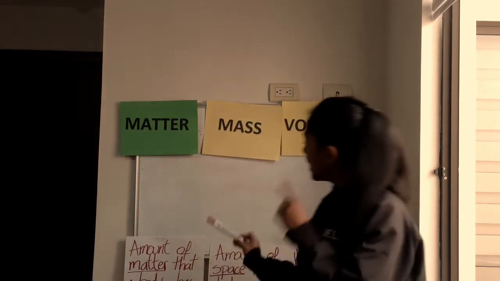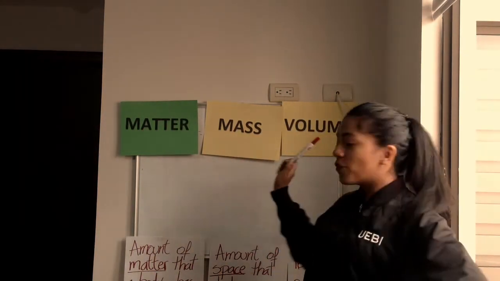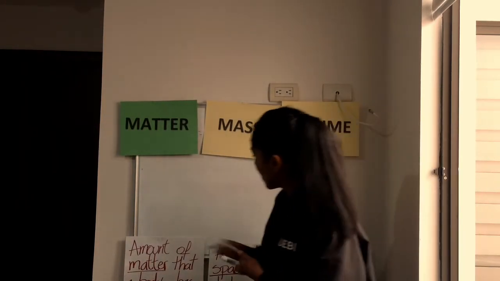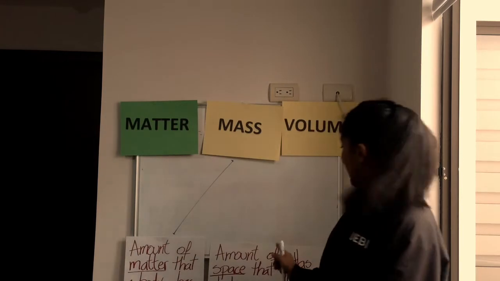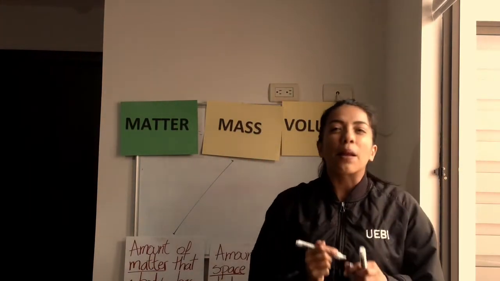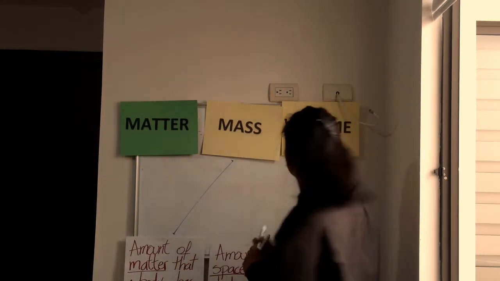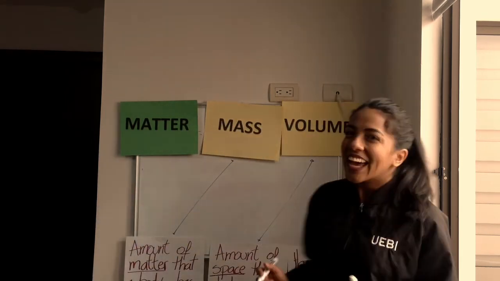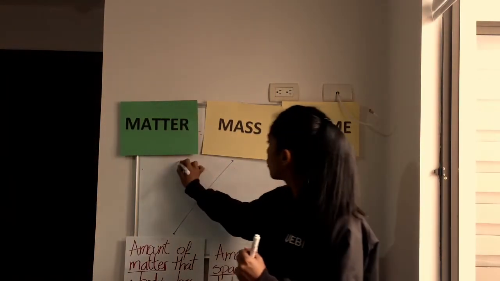Number 1 says, the amount of matter that a body has. Is that matter, mass, or volume? The amount of matter. Very good. That is going to be mass. Number 2, the amount of space that a body occupies. Remember, as I made the example with my backpack. Very good. That is going to refer to volume. And finally, of course, we know that matter has two things: it has mass and occupies space.